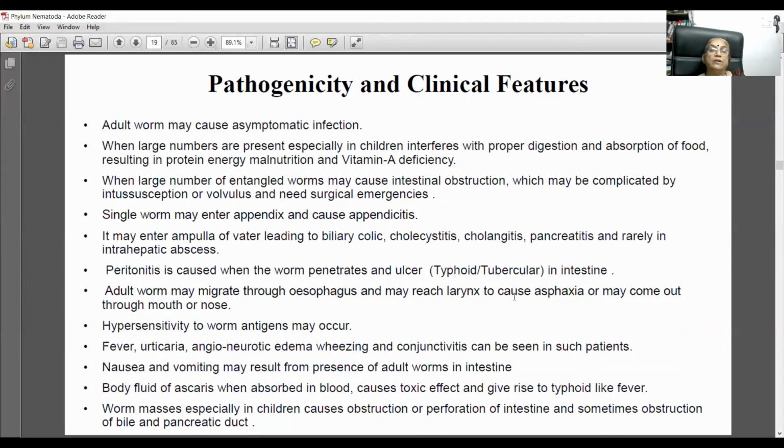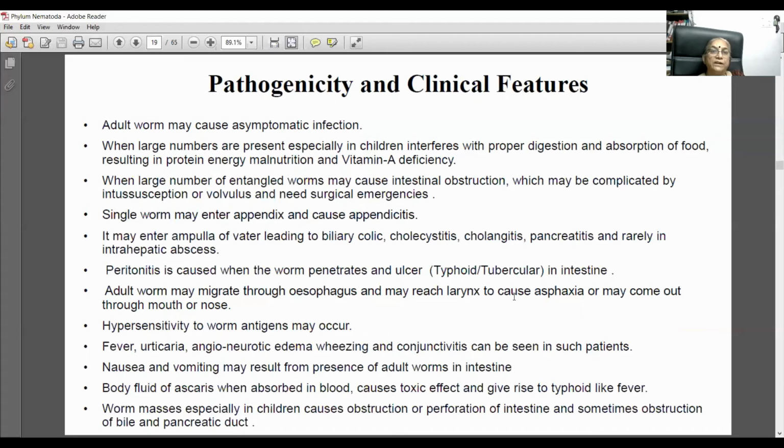When the roundworms are present in the intestine and damage this epithelial tissue, absorption is hampered. Therefore nutrients and vitamins are not absorbed, and the patient develops protein energy malnutrition and vitamin deficiency. These worms take more vitamin A, and therefore the patient suffers from vitamin A deficiency.